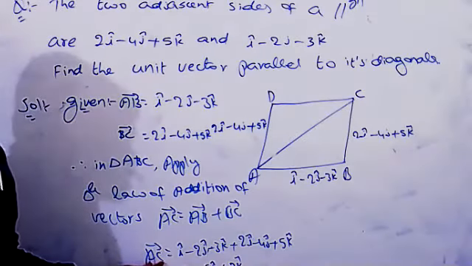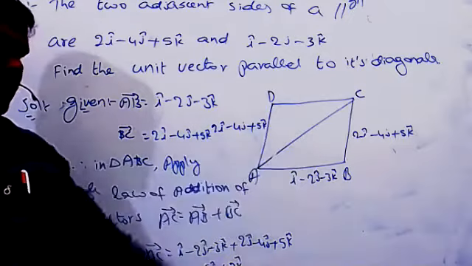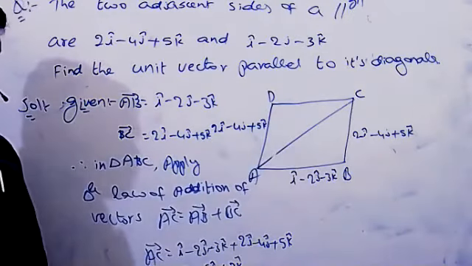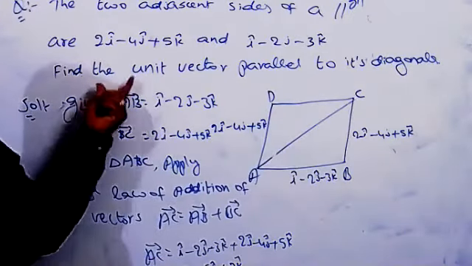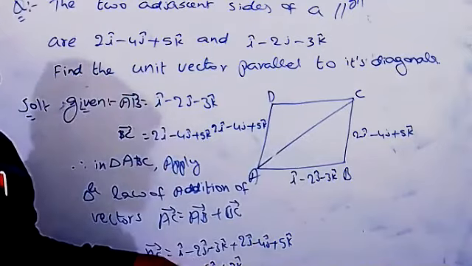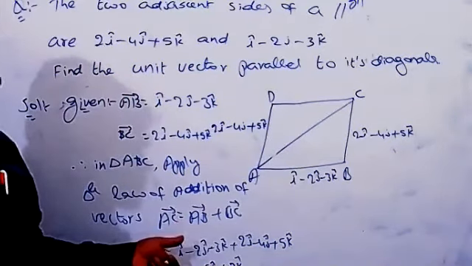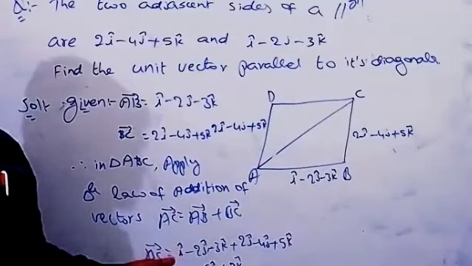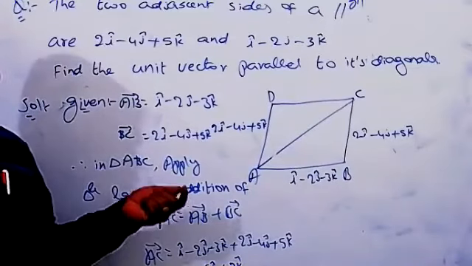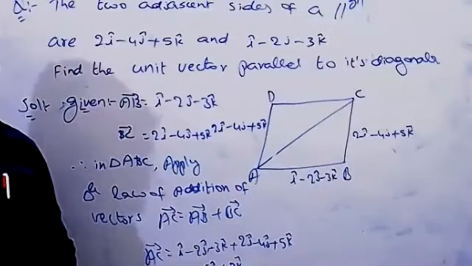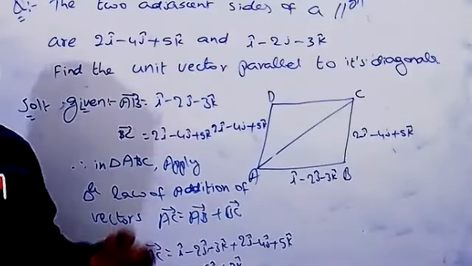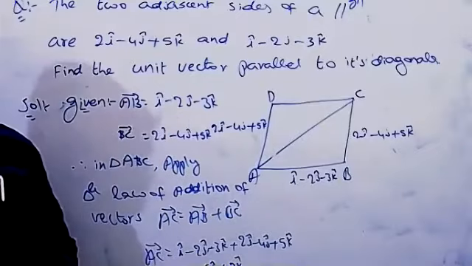And what is the meaning of AC here now? Clearly the diagonal of the parallelogram. So we need to find the unit vector parallel to this. But parallel means, we know very well, I think we already learned this previously, either parallel or else collinear. Correct or not? That means the direction of the vectors will always be the same.